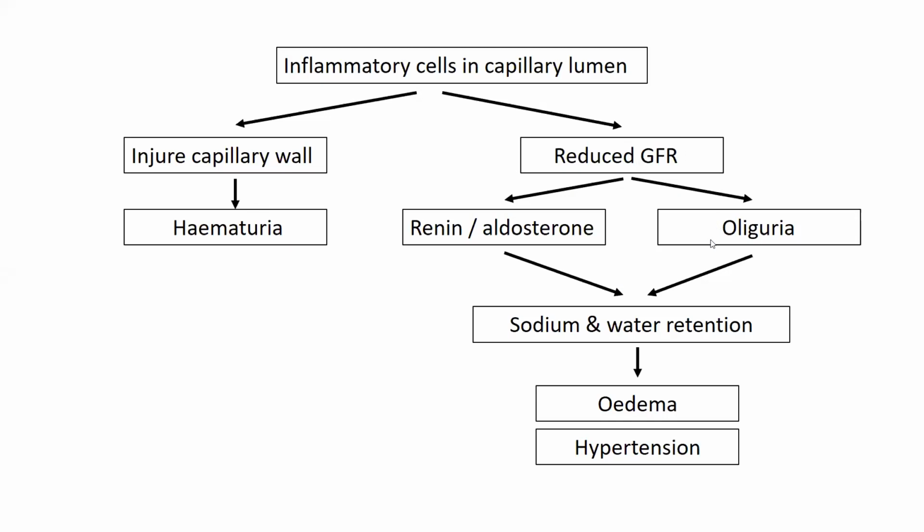Patients are going to develop oliguria. The GFR is going to go down. These patients are going to retain a lot of sodium and water, and that's going to lead to a person developing edema and hypertension. So that is how we can explain hypertension, edema, hematuria and low GFR in these patients who present with a nephritic picture.